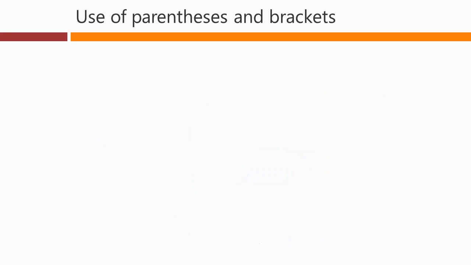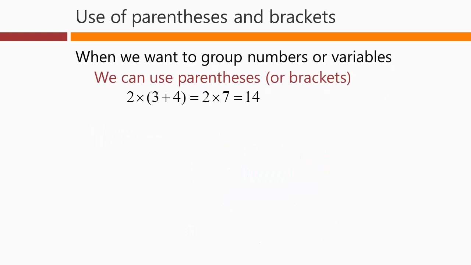When we're using parentheses and brackets, we can use them to group numbers or variables. Parentheses is the correct term for these rather bent objects here. They are kinds of brackets. These specific ones are called parentheses. So here we've got 2 times (3 plus 4), which is the same thing as 2 times 7 equals 14.